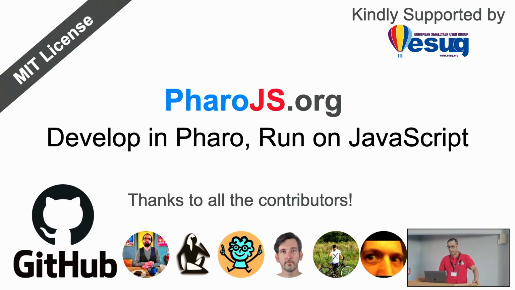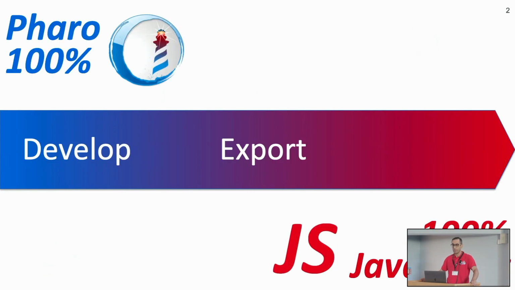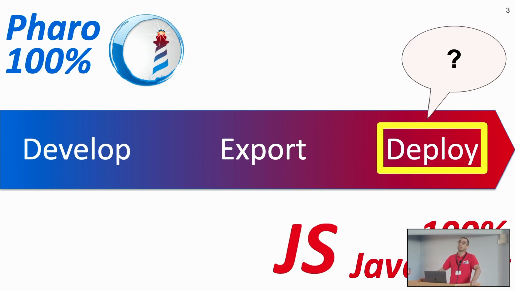Thank you, everyone. So I want to thank the contributors to Pharo.js. One of them was Norbert, who already left, and the other one who could not attend is Max Maton, but he did something cool for his company. He started with Pharo.js, saying, okay, cool, Pharo.js can export to JavaScript, but how to deploy?